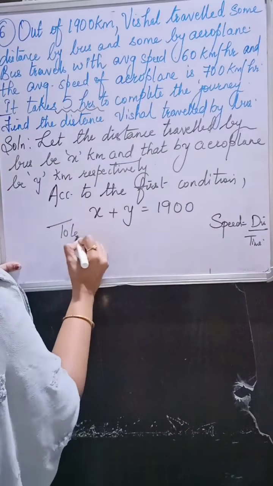What was equation number 1? Equation number 1 was x plus y is equal to 1900. Equation number 2 is 70x plus 6y is equal to 21000. I can see plus y and plus 6y. I'll multiply equation 1 by 6.